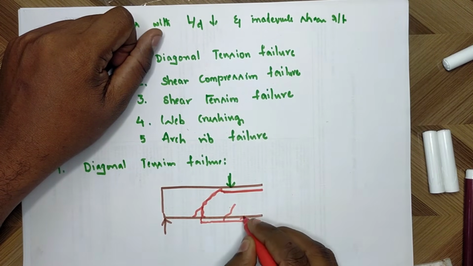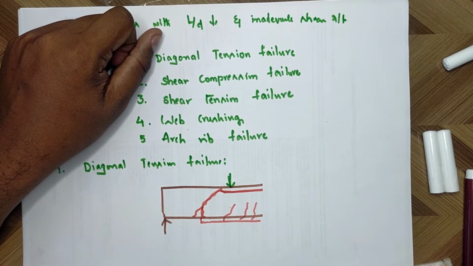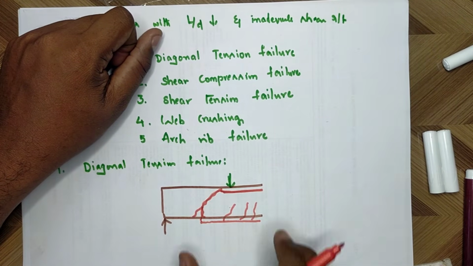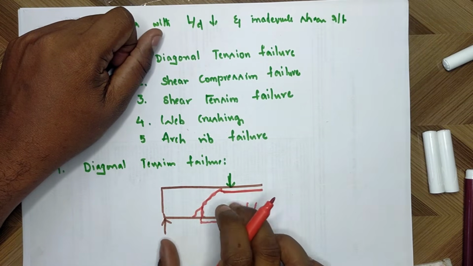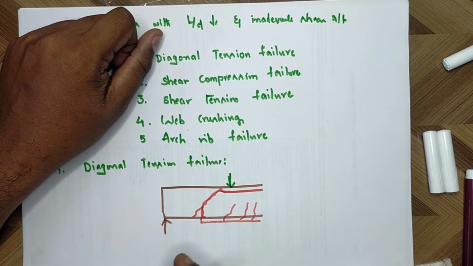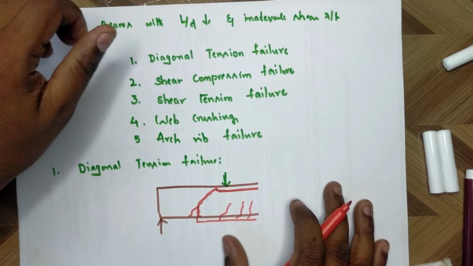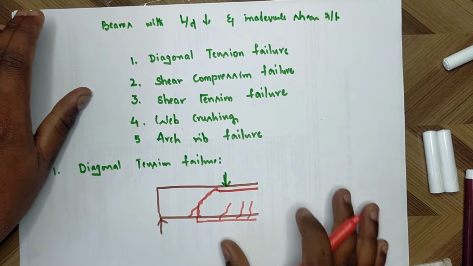Cracks will be like this, shear cracks. This is diagonal tension failure.